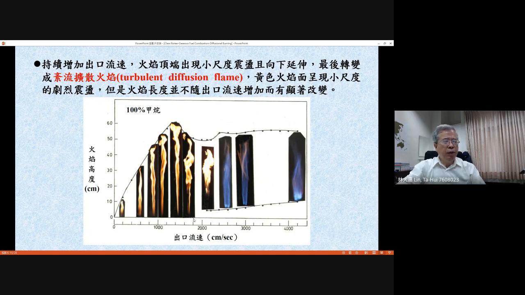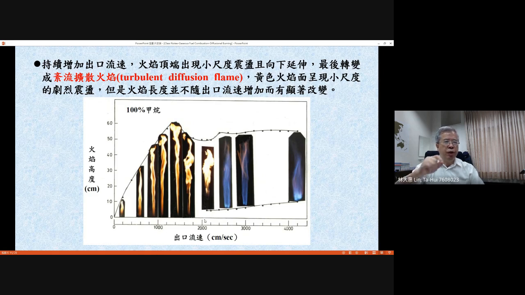And typically, for many kinds of hydrocarbon fuel, there is an abrupt change. For example, here, when you reach around 2000 centimeter per second, you can see the flame has an abrupt change, it lifts off. This is a typical feature for the jet diffusion flame.